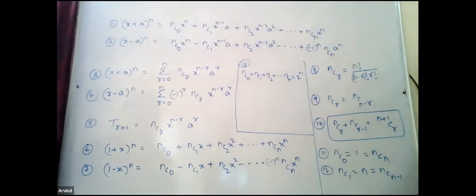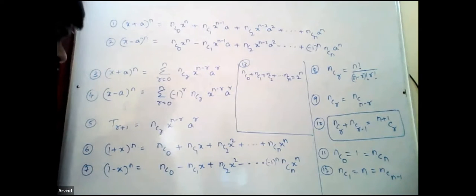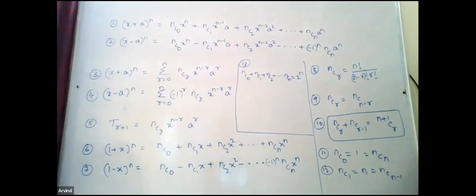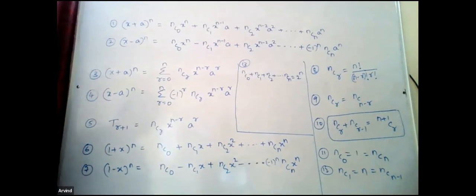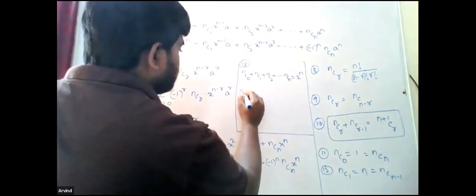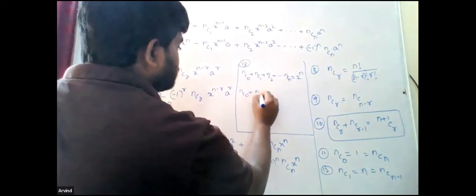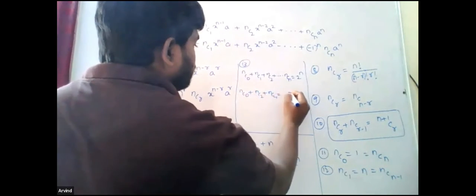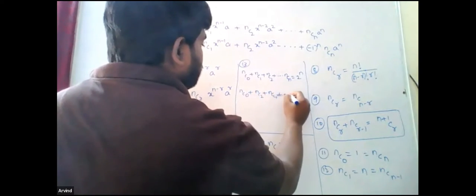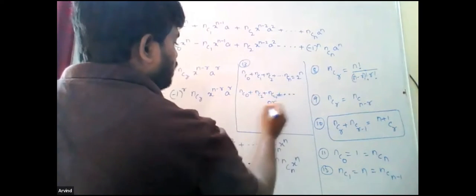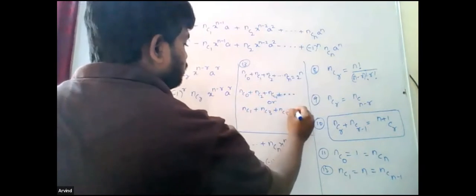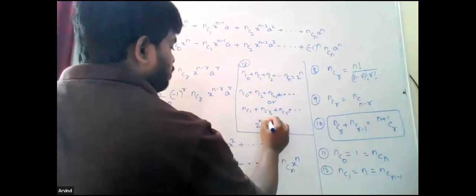So take a screenshot of these formulas. If it is only the even terms, nC0 plus nC2 plus nC4, and so on, or you take only the odd ones, nC1, nC3, nC5, and so on, each will be equal to 2 to the power n minus 1.